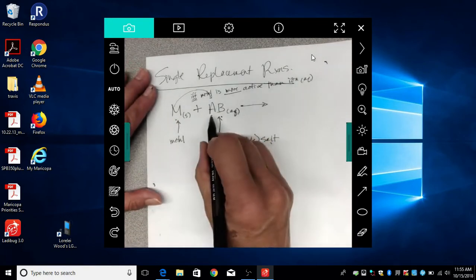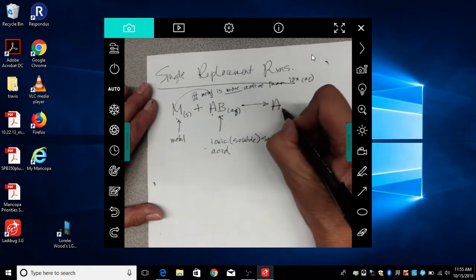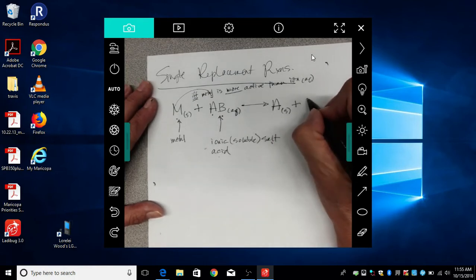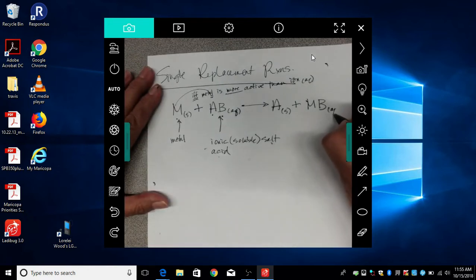And what happens is that metal comes out of the solution as a solid, and you have a new aqueous solution made of M and B. All right, this is going to be our new aqueous solution.